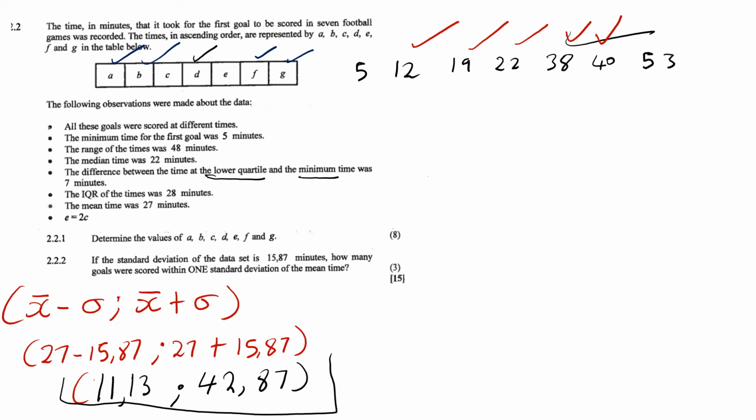So it is 5 of them. So it's 5 goals that lie within one standard deviation of the mean time. I can write that 5 goals were scored within one standard deviation of the mean time.